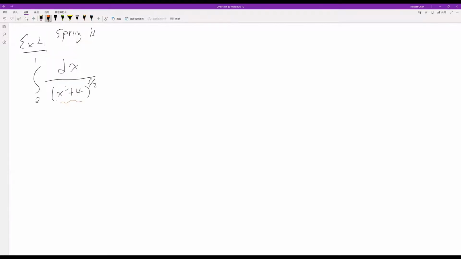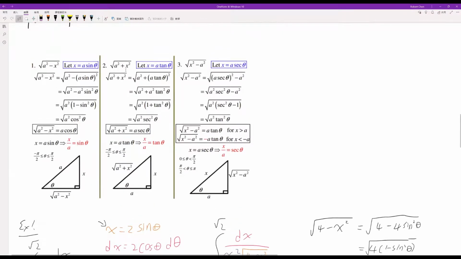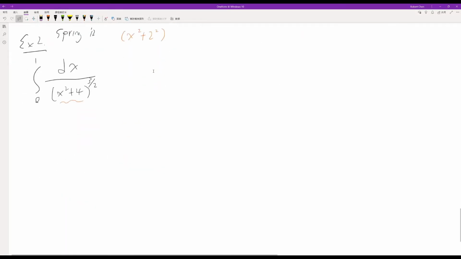So we have x squared plus 4, which is the x squared plus 2 squared case, x squared plus a squared. Right? So x squared plus a squared, or a squared plus x squared. We're going to let x be equal to a tangent theta. Right? So let's write it down first. Let x be equal to a tangent theta.